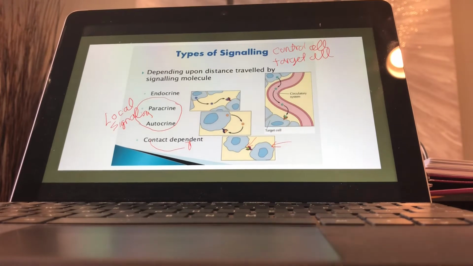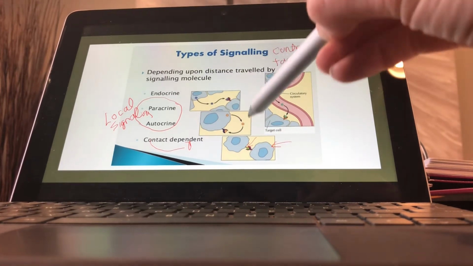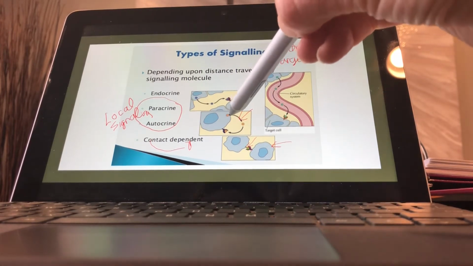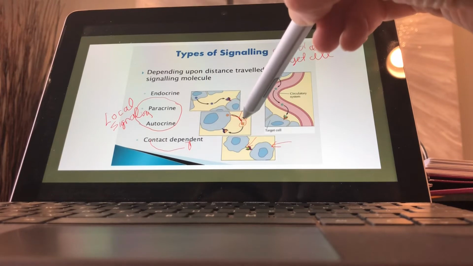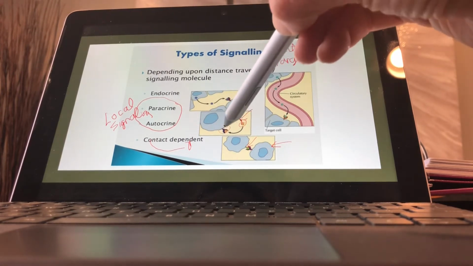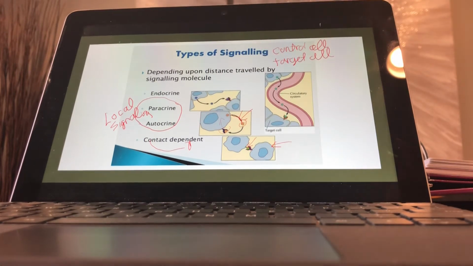Now, as you can see in the diagram here, if you look at the autocrine here, note this is kind of a weird one. The control cell, which again is the cell that's sending the message, and the target cell, which is the cell that is actually receiving the message, is the same cell. So see how it's actually sending out the message here, and then it's going to bind to a receptor on the same cell, and it's going to tell the cell to perform a certain task. That would be classified as autocrine.